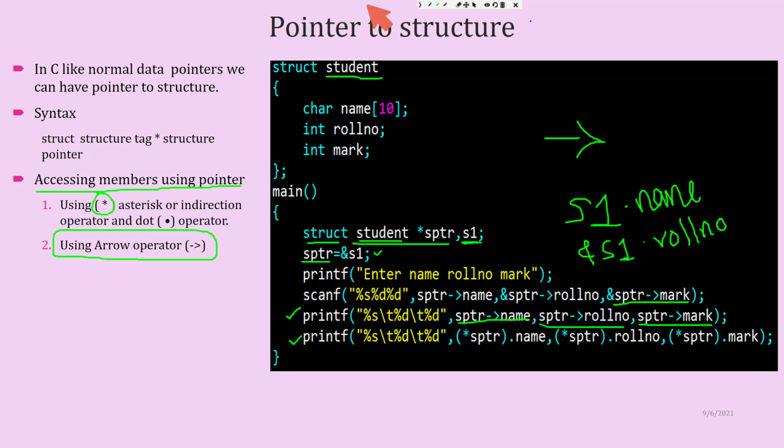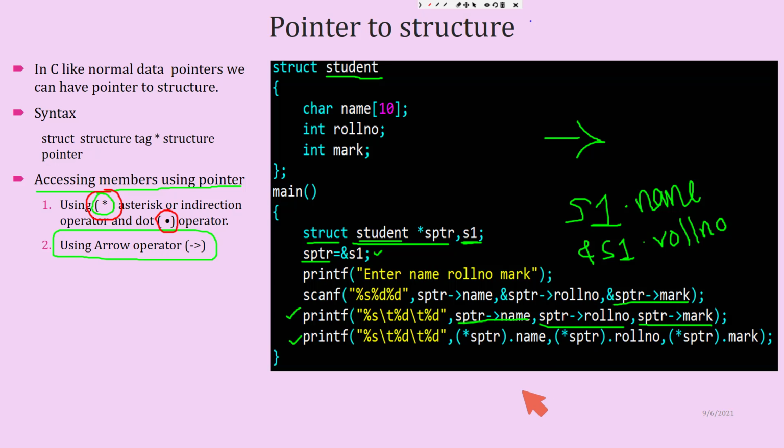Instead of the arrow, within bracket you can write star SPTR dot name.